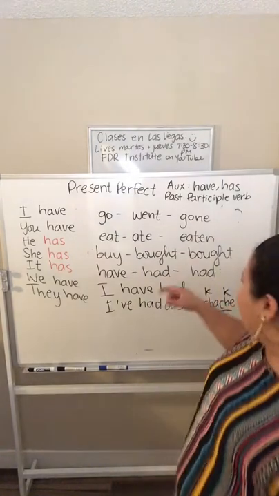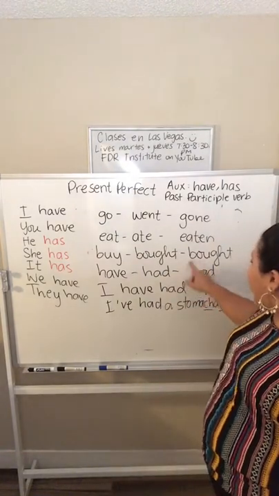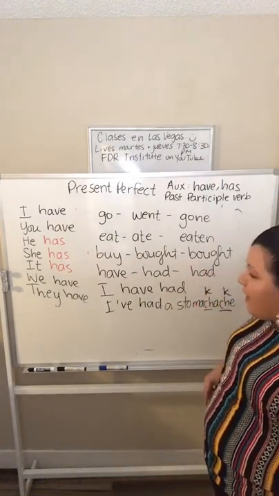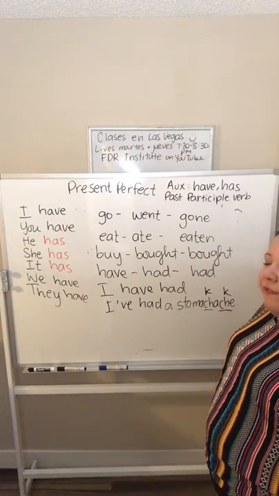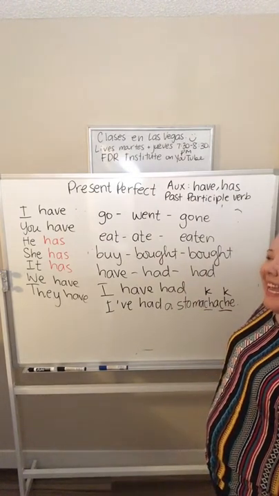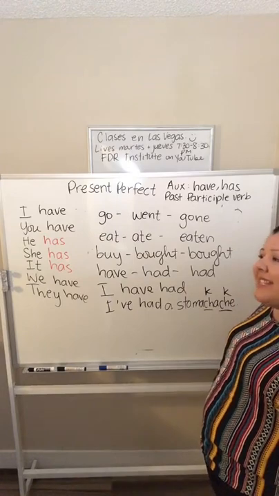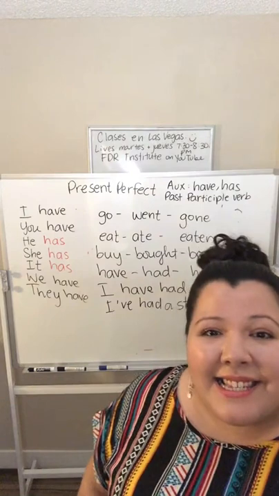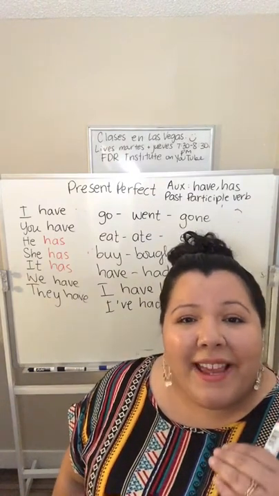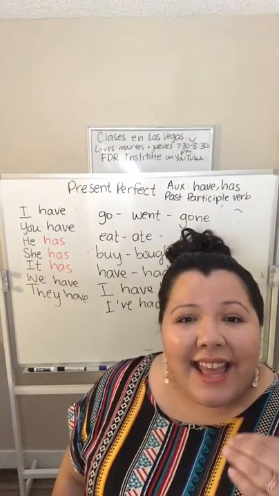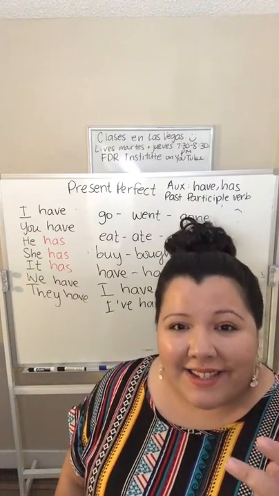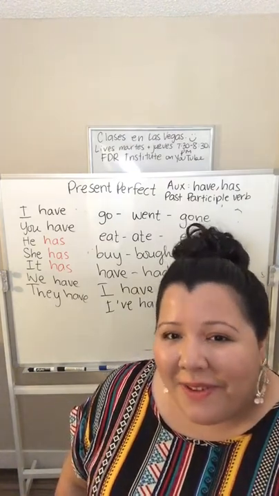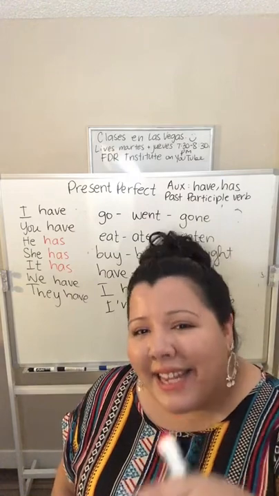Again. Otra vez. Utilizando solo el verbo tener, like he tenido. I've had. You've had. He's had. She's had. It's had. We've had. They've had. He tenido, has tenido, él ha tenido, ella ha tenido, y así, right guys?